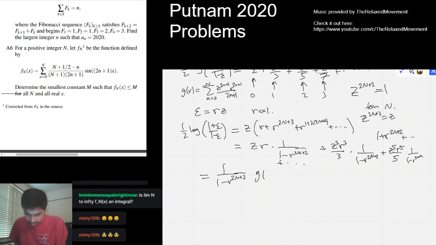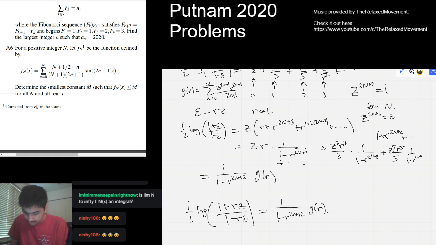Straight up just times g of r. So now what we have is that 1/2 log 1 plus... and I want g of 1. This might just be so BS that nobody even knows.